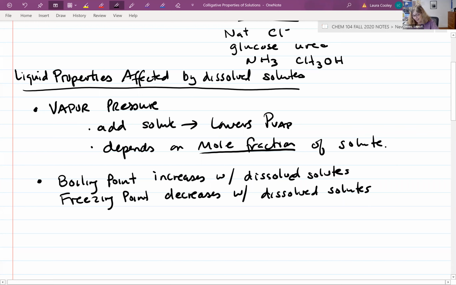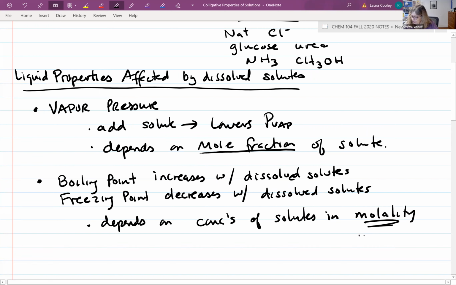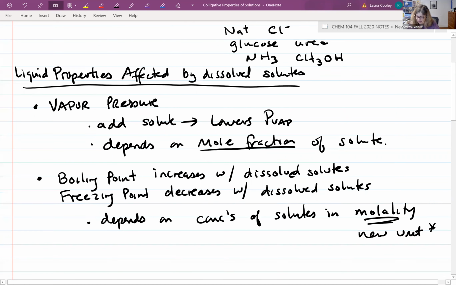How do they depend on the concentration of dissolved solute? They depend on the concentration of the solutes in molality, which is a new unit for you that I'm going to go over in this video.